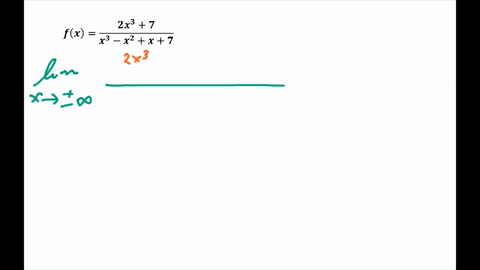So the limit as x approaches positive or negative infinity of 2x cubed over x cubed plus 7 over x cubed. Same with the denominator.